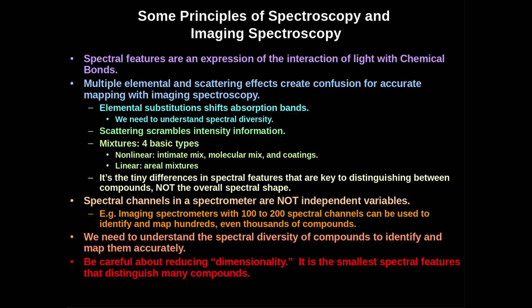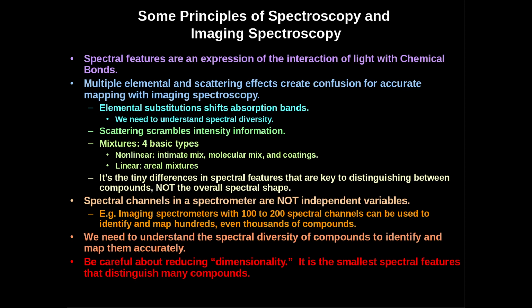or the photons will not interact with light from the ground. The nonlinear mixture types are intimate mixtures, which are basically all rocks and soils, mixtures of different mineral grains. We have molecular mixes. For example, a gasoline spill on soil would be more of a molecular mix because the gasoline gets in and just coats all the grains.